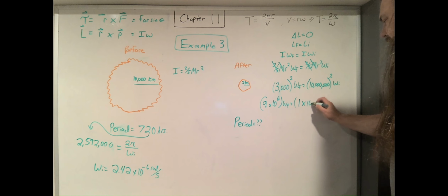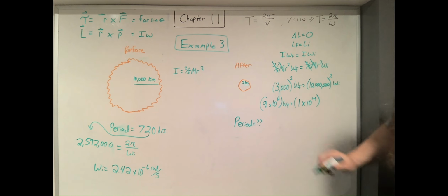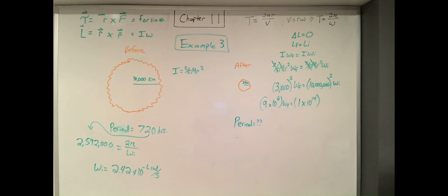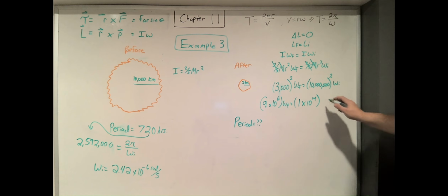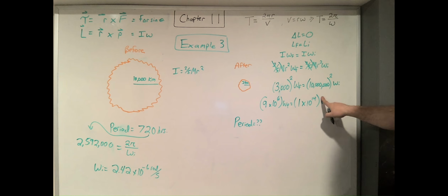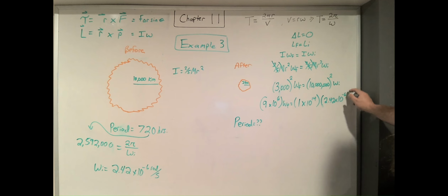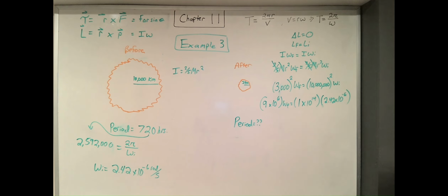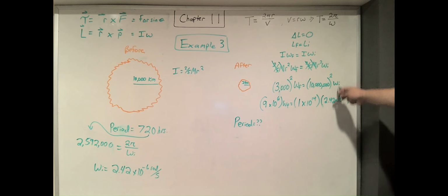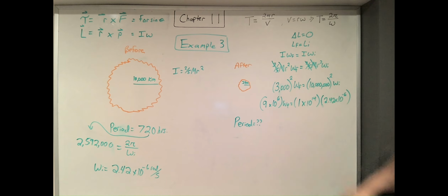It's 1 times 10 to the 14th, which is what I should have gone with my gut. Anyway, 1 times 10 to the 14th times omega I. Now we found what omega I is. It's 2.42 times 10 to the negative 6.